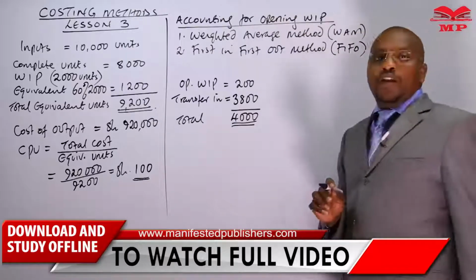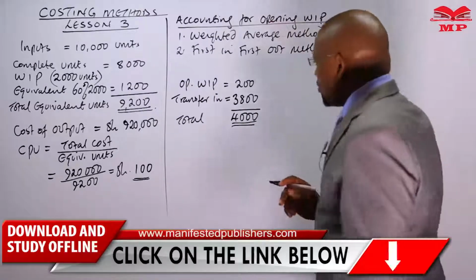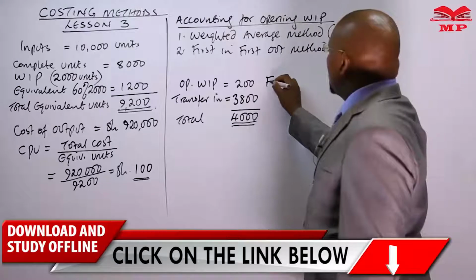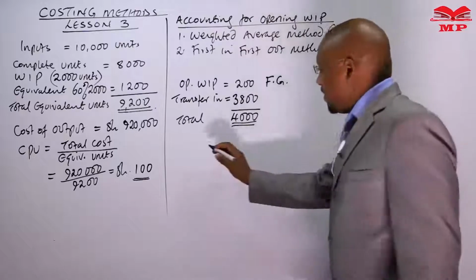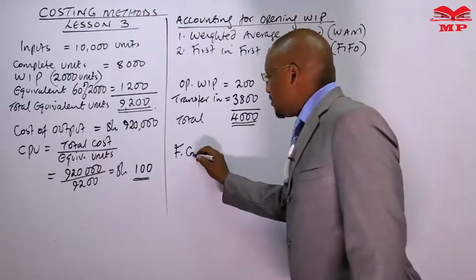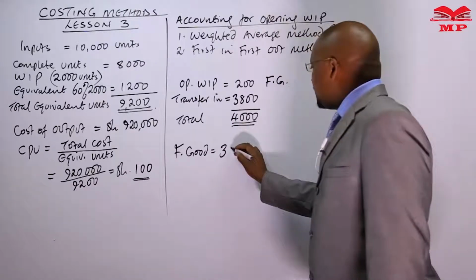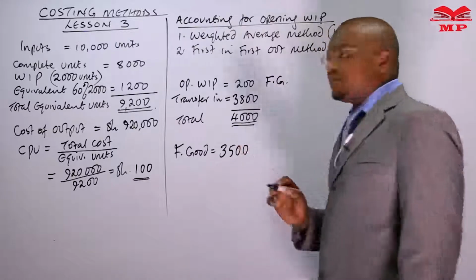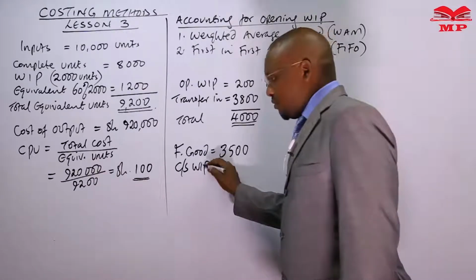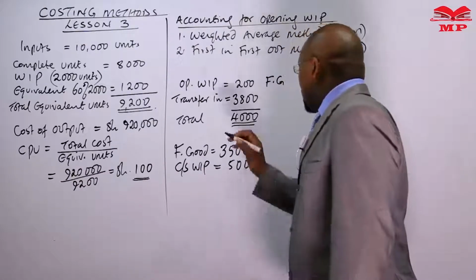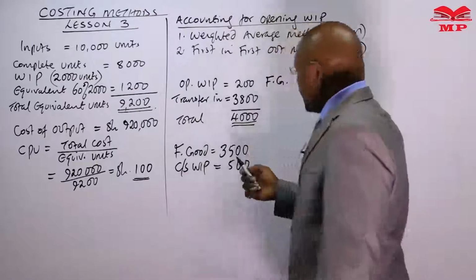Assuming that the transfer out, which is the output or the finished goods, is 3,500, and we have a closing WIP of 500 units, then of course this is going to balance with 4,000.